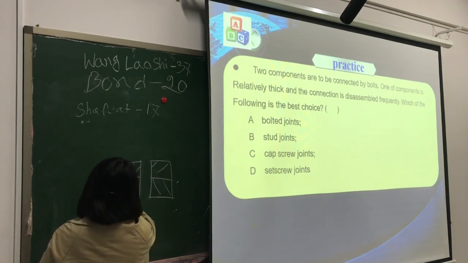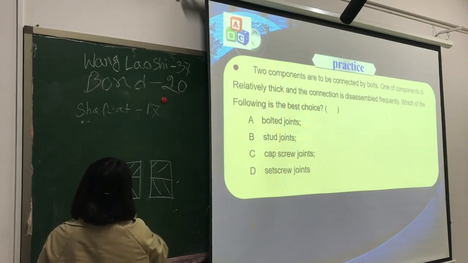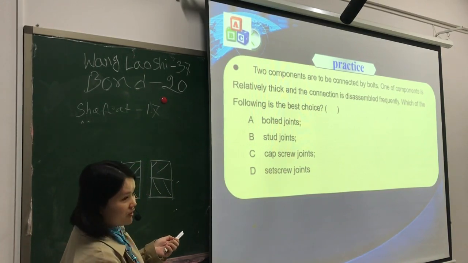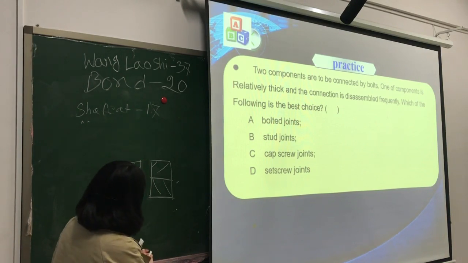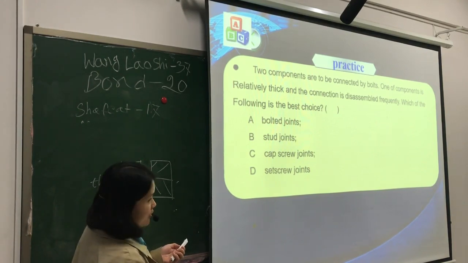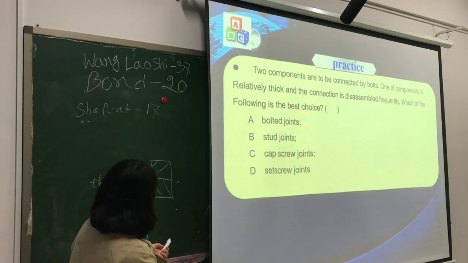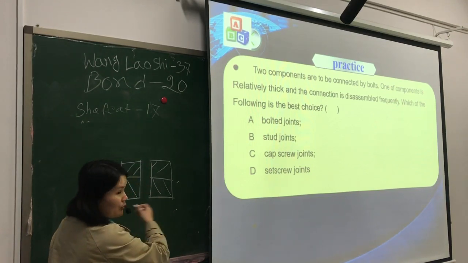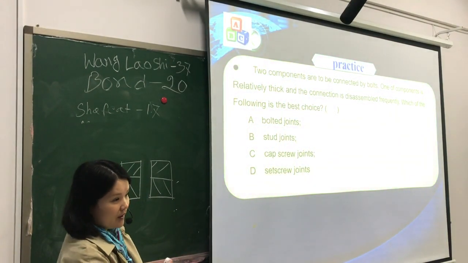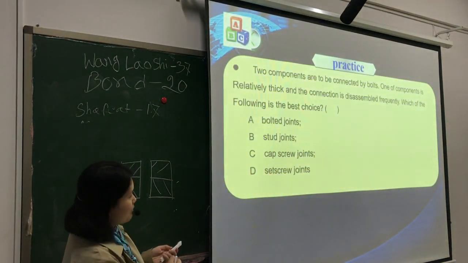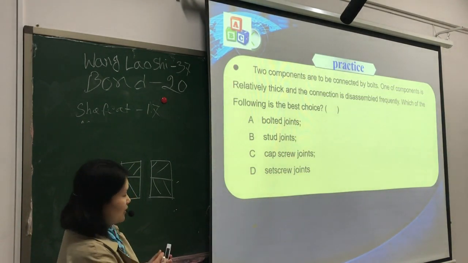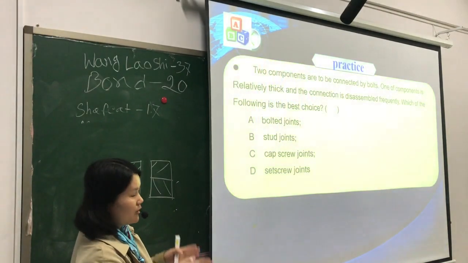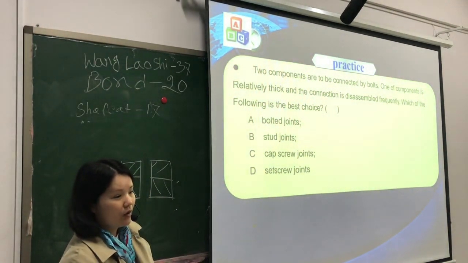To connect the thin members with several holes is a bolt joint, and we can use the ordinary bolt joint, where there is a clearance between the bolt and the holes, and we can also use the reamed bolt joint, where there is little clearance between the bolt and the hole.